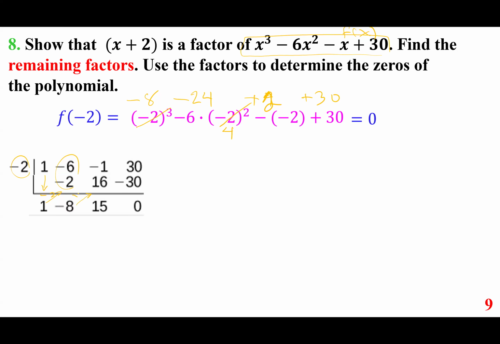You multiply by negative 2, you get 16. This adds up to 15, you multiply by negative 2, you get negative 30, add up to 0. And therefore, you are going to write that this expression is the product of this and 1x squared, or simply x squared, minus 8x plus 15.